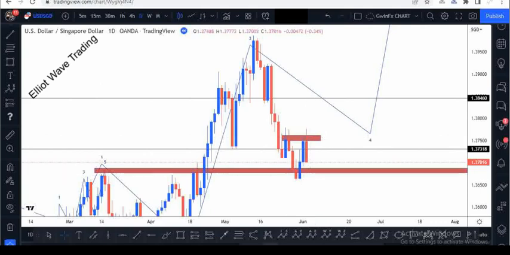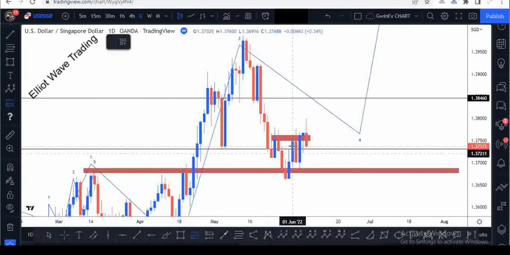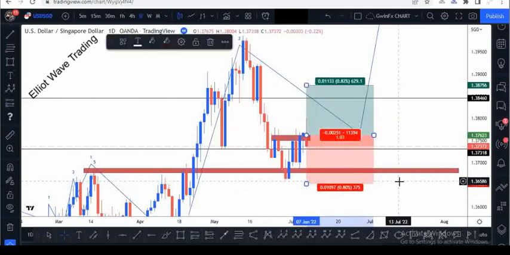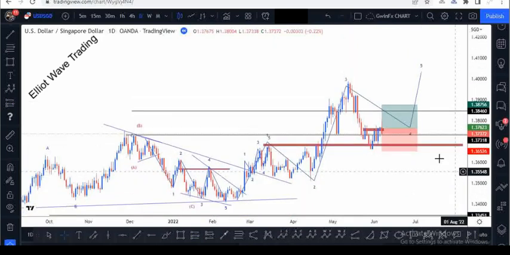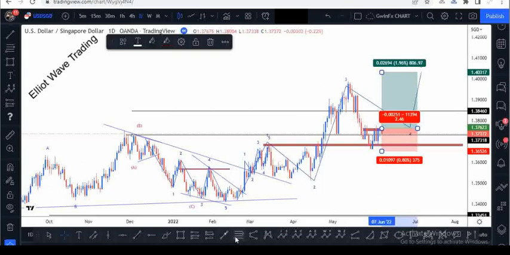So we have price bouncing off this point, and that's one. We have a higher close just slightly off that zone. This is where I'm going to put up my next long position. My stop loss is going to be here, and I'm going to be targeting the next leg, which is going to be the 127 extension.